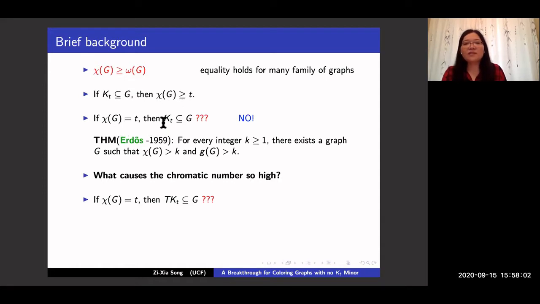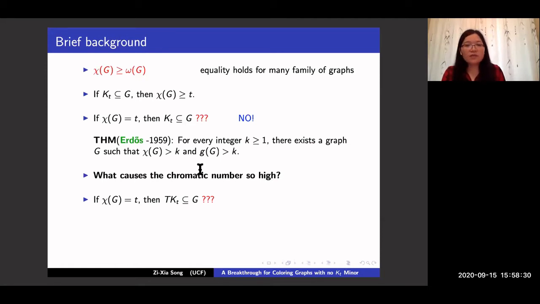Now, conversely, you can ask yourself, if the chromatic number of G is t, does G contain Kt as a subgraph? We know this is far from being true, right? Because Erdős back in 1959 proved that for every integer k, you can always find a graph G with chromatic number at least k and girth at least k. So you were wondering what causes the chromatic number to be so high?